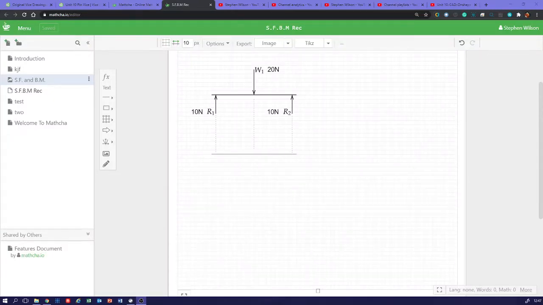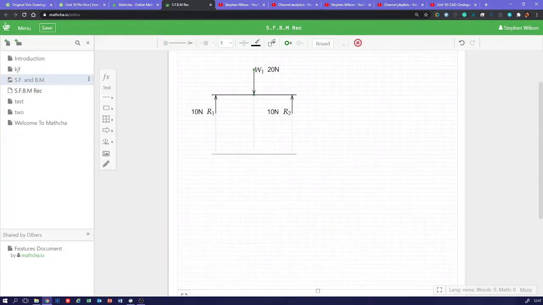So if our weight is 20 newtons, then that'll be 10 newtons either side. So we start to walk along our beam. We hit the first force, and we go up 10 newtons. Then we carry on walking at 10, and we hit our next force, our weight, and we go down 20. Then we carry on walking along our beam and we hit our next force, reaction force 2, and we go back up 10.